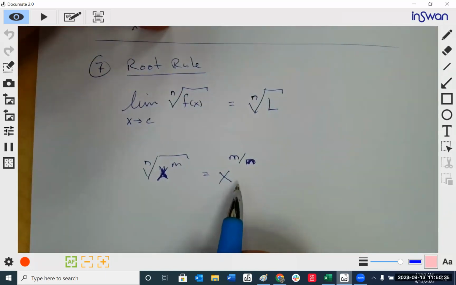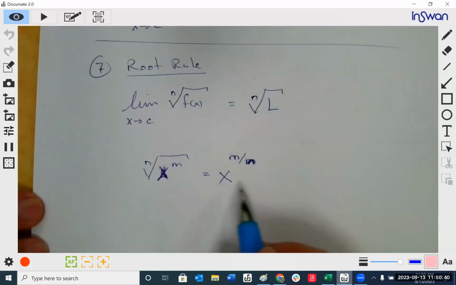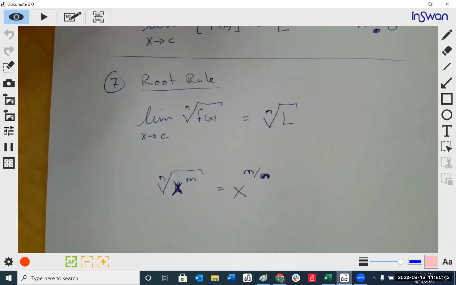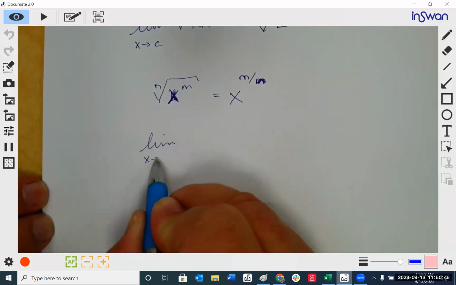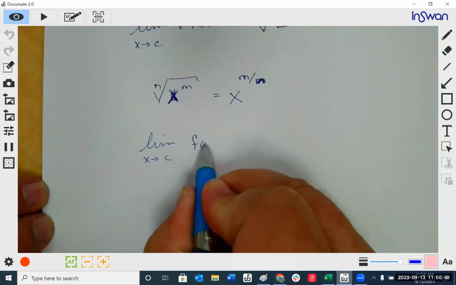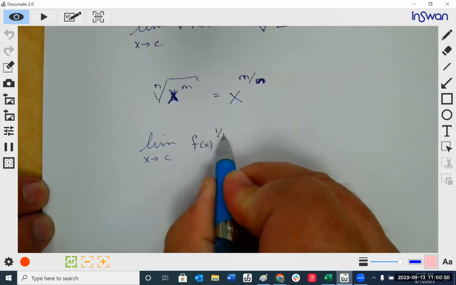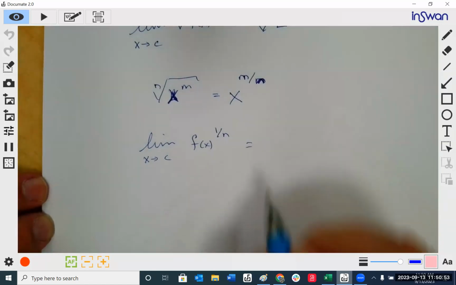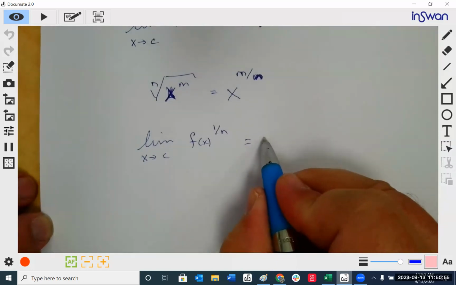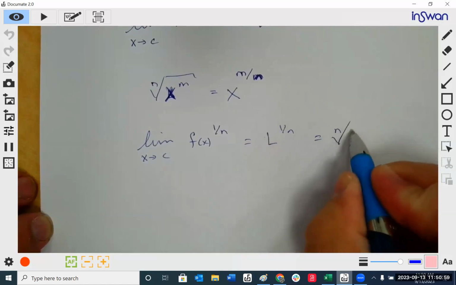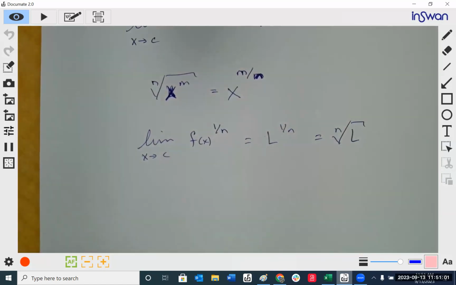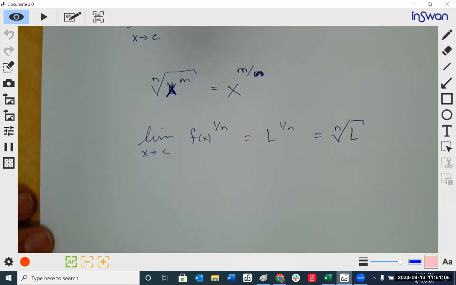So then we could just go back to the power rule, which is if we did that, then we would have the limit as x approaches c of f of x to the power 1 over n, which becomes, so it's just a roundabout way of doing it. Right.